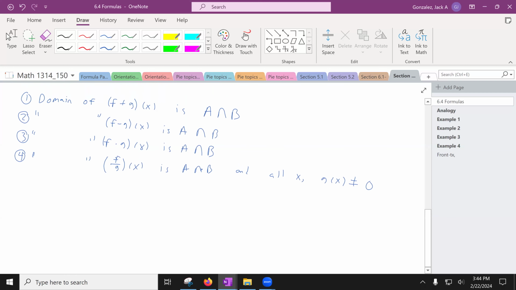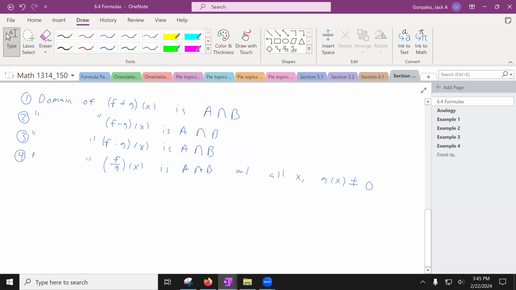So basically, if you find the domain of one of them, or of both of them, and you put them together, then whatever they have in common is the new domain. That's it. The only one you have to watch out for is if you're dividing them. Make sure you also exclude whatever makes the bottom zero. Okay, that's probably already included in here, but just in case, keep an eye on it.